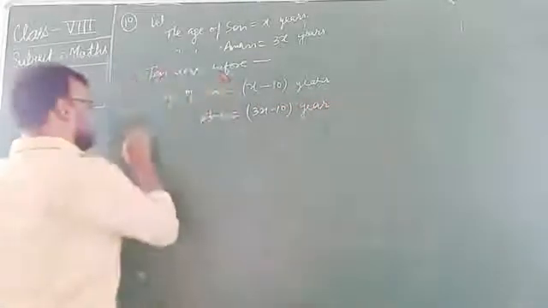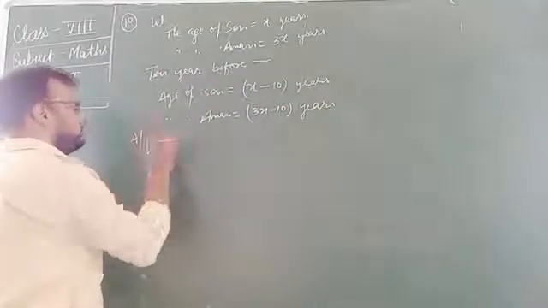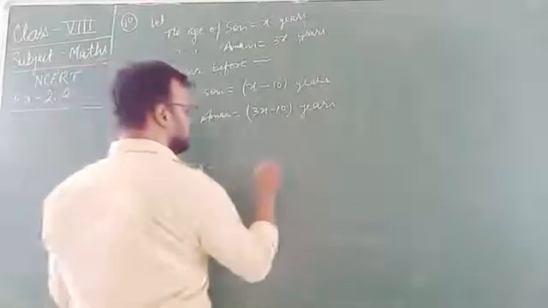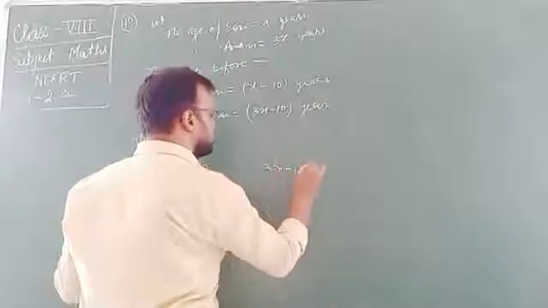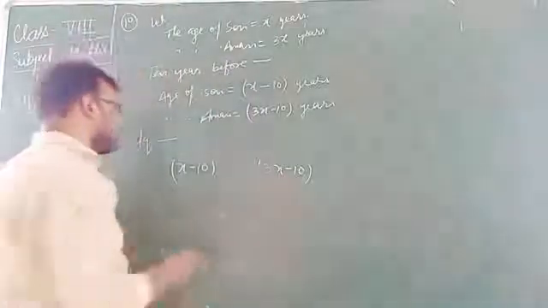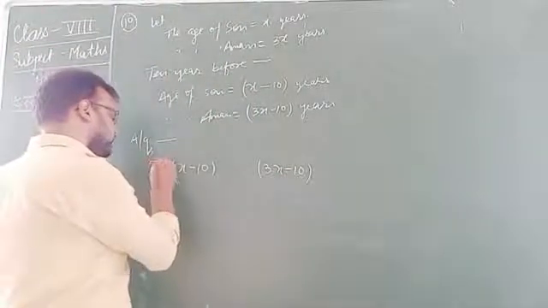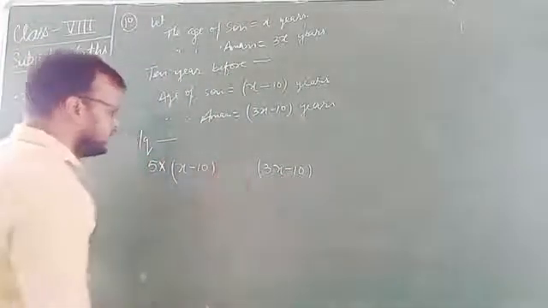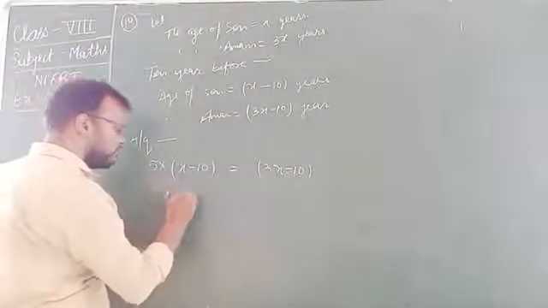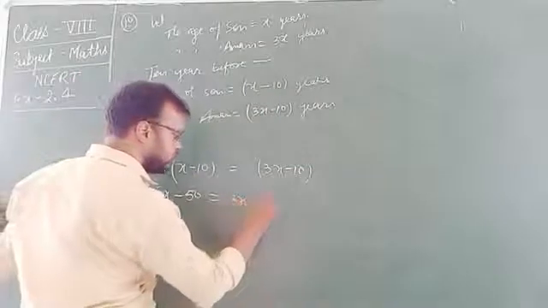Okay. Now according to the question, the age of the son is x minus 10 and the age of Aman is 3x minus 10, and it says that Aman is 5 times, so 5 is multiplied in this. Now open the bracket and solve this. 5 into x, that is 5x minus 50, equals 3x minus 10.